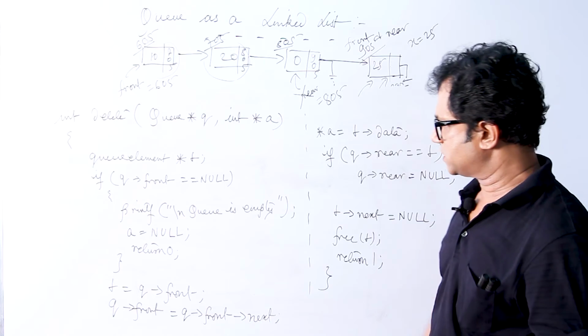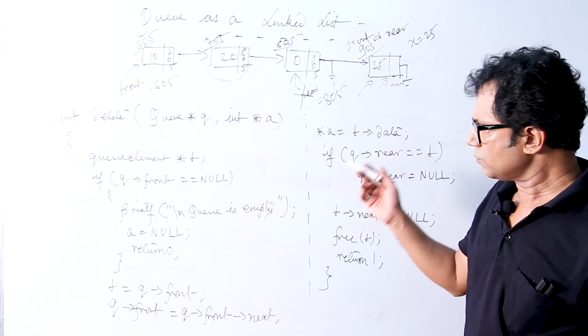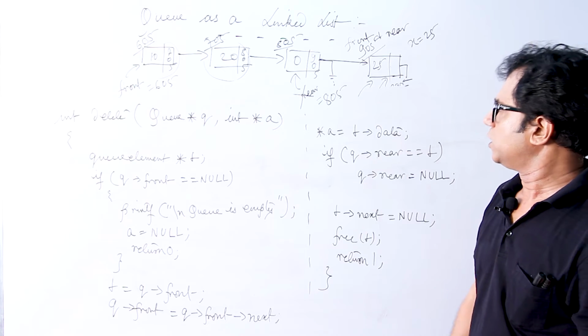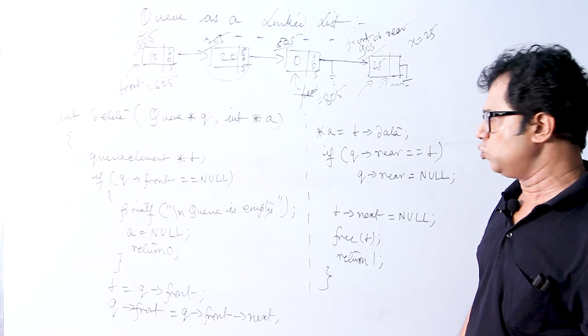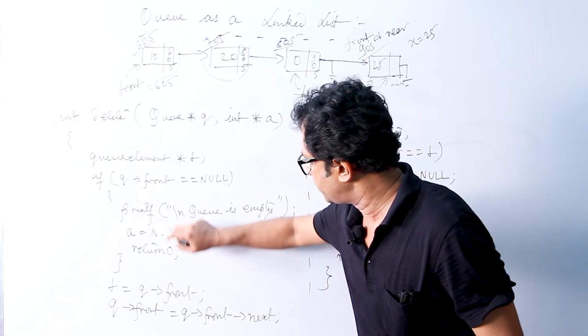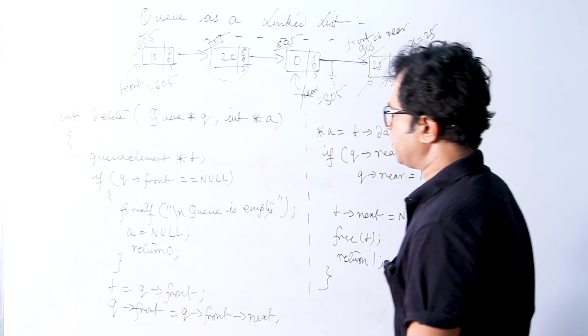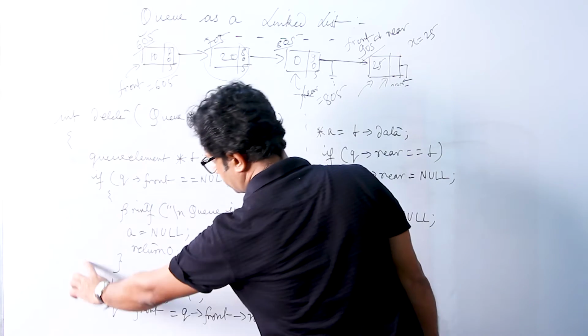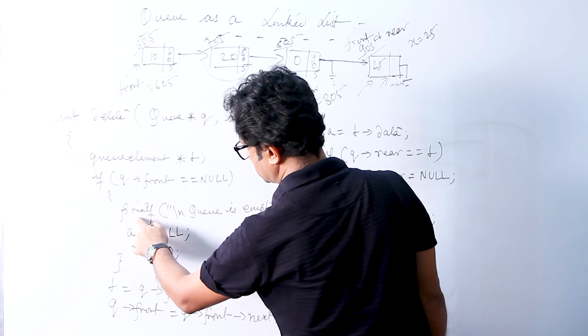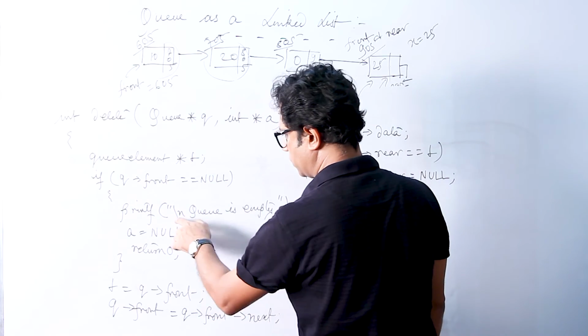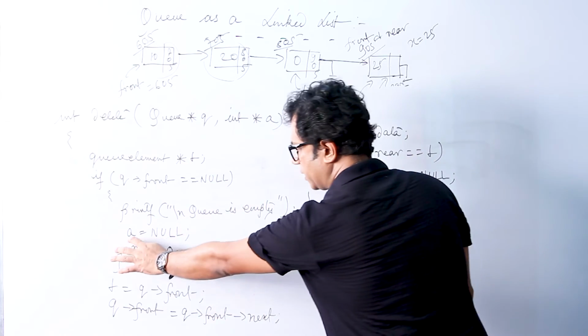In that case, we will be unable to delete any node from that empty queue. For dealing with that situation, I have written this part of the code: printf queue is empty if this condition holds. We will print a message, and a is equal to null.